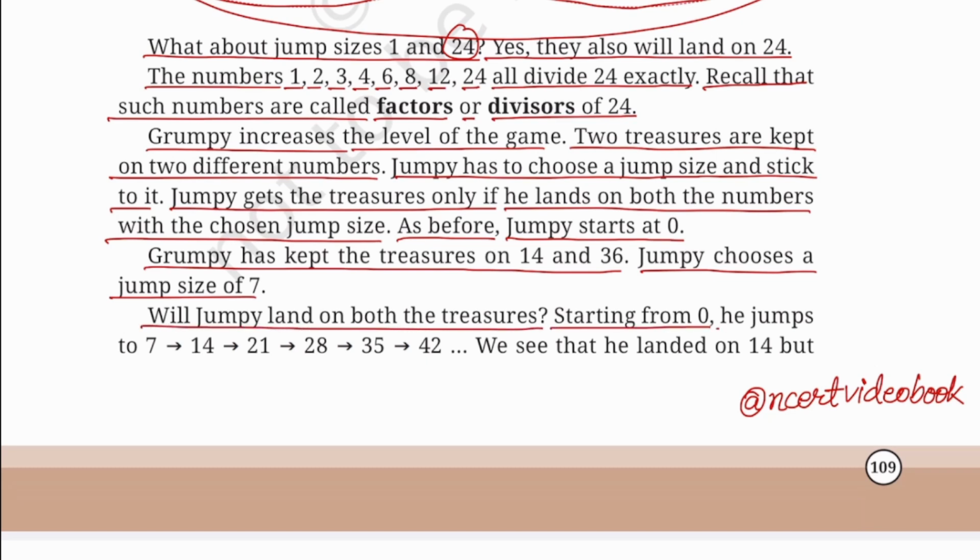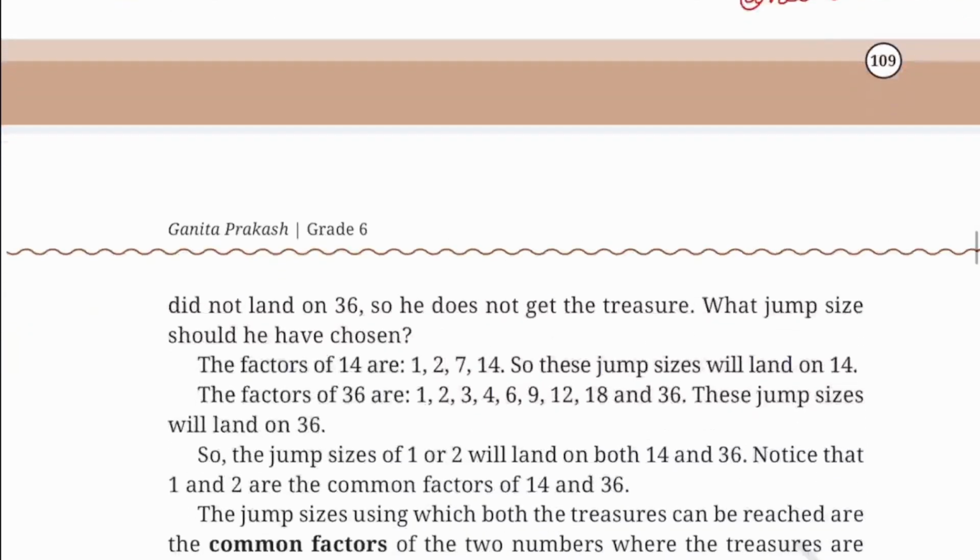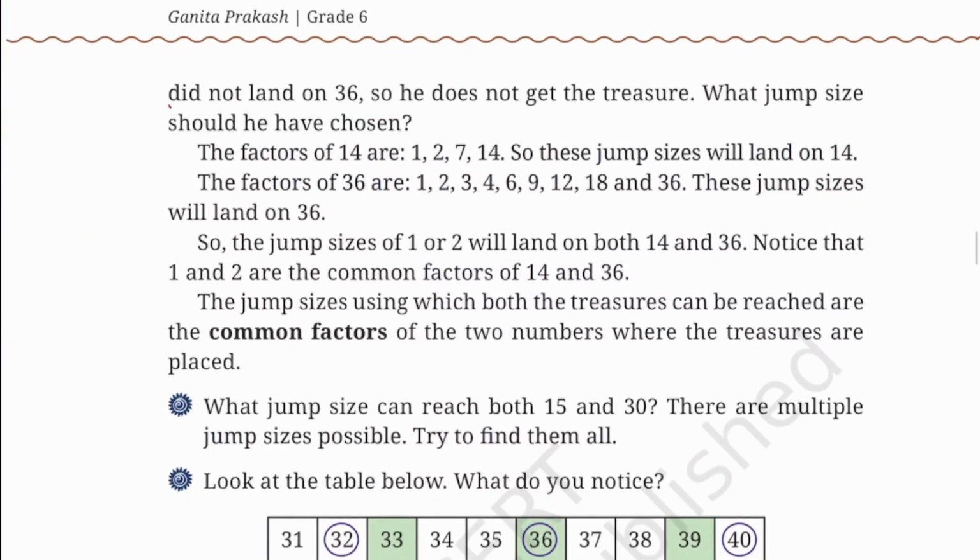Starting from 0, he jumps to 7, 14, 21, 28, 35, 42, and so on. We see that he landed on 14 but did not land on 36. So he does not get the treasure. What jump size should he have chosen?